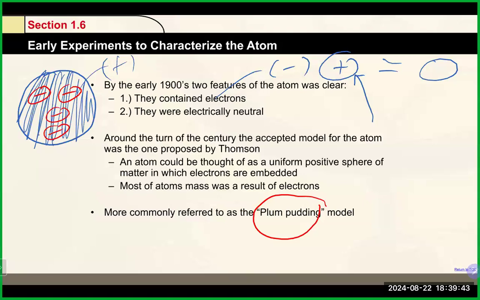So the pudding is like the smear of positive charge. The raisins are like the electrons embedded in there. And one of the other major points of the plum pudding model was that most of the mass of the atom was the electrons. So after the early work on the atom, this was the basic idea and understanding of what they thought the atom looked like: this plum pudding model.